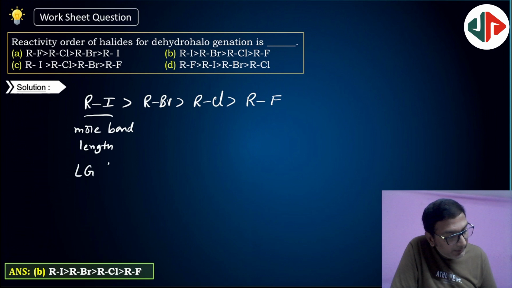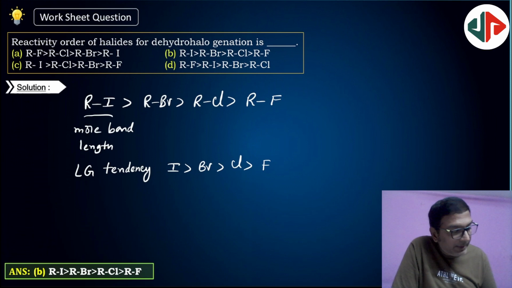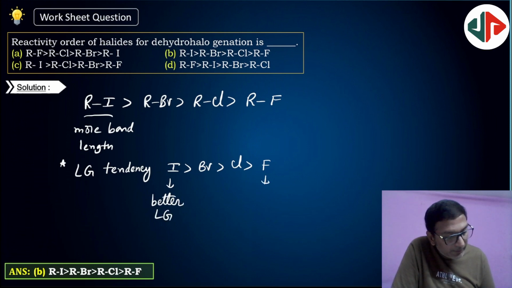So the leaving group tendency is iodine, bromine, Cl and F. So the better leaving group is iodine. F is a poor leaving group. Important. Option B.